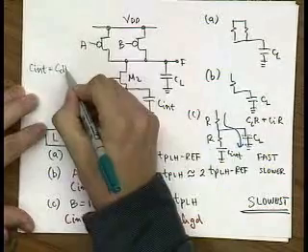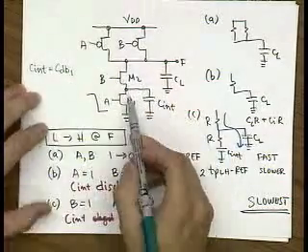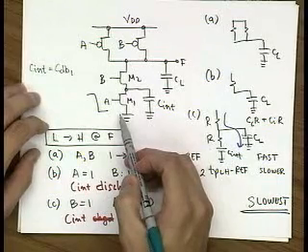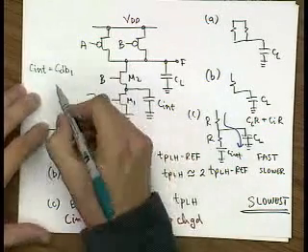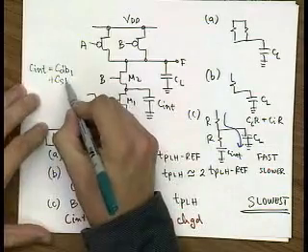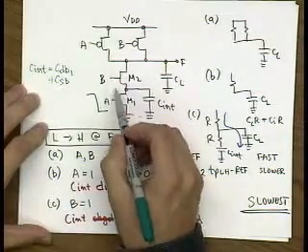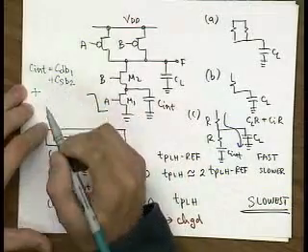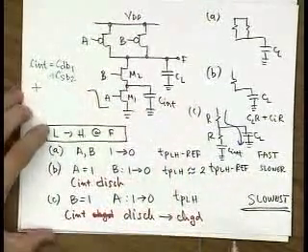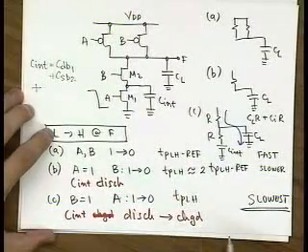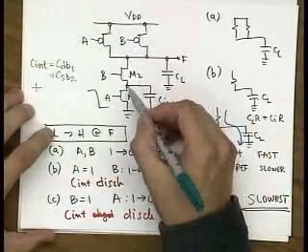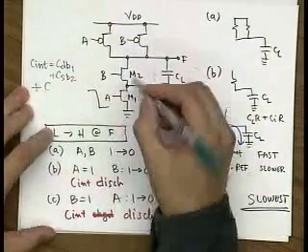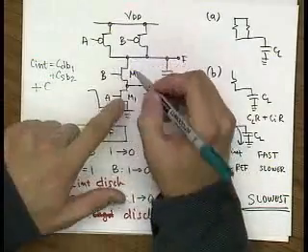So we have drain body of transistor M1. Anything else? Then you have source and bulk of transistor M2. Another one. Gate drain from M1. That's correct.